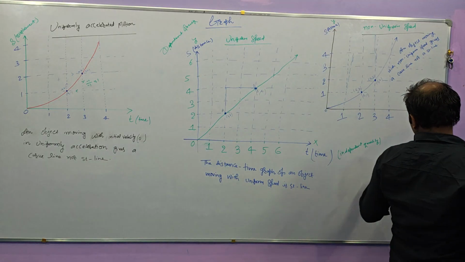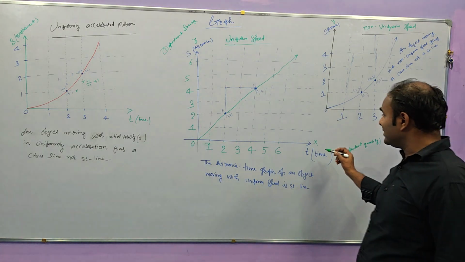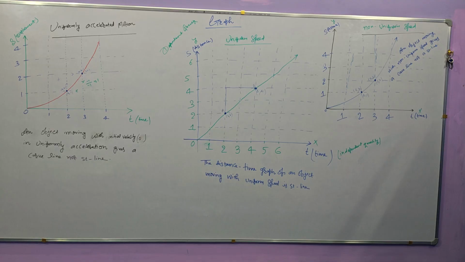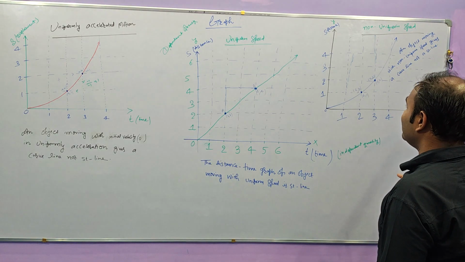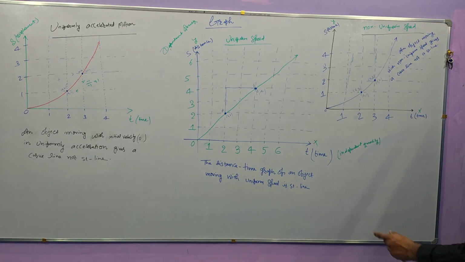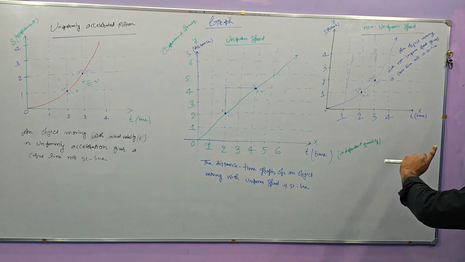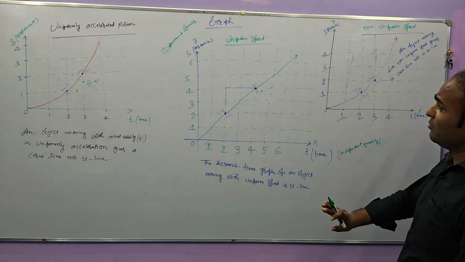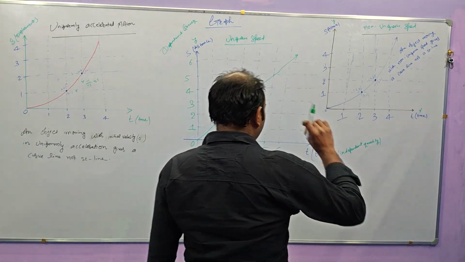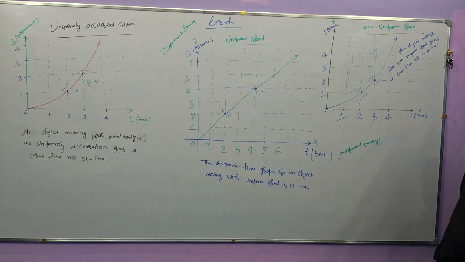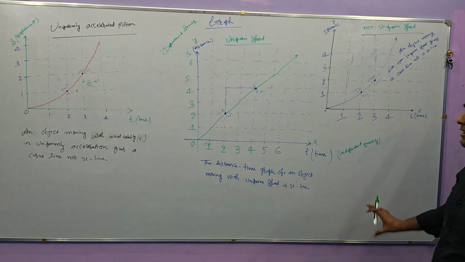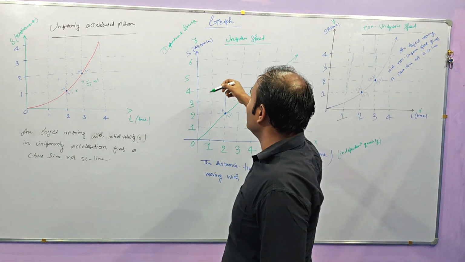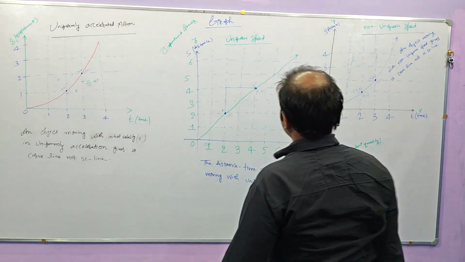Because of that, we represent time on the x-axis and distance on the y-axis. Similarly, in a velocity-time graph or speed-time graph, speed or velocity is on the y-axis and time is on the x-axis. Whatever is independent is represented on the x-axis, and whatever is dependent on something is represented on the y-axis.